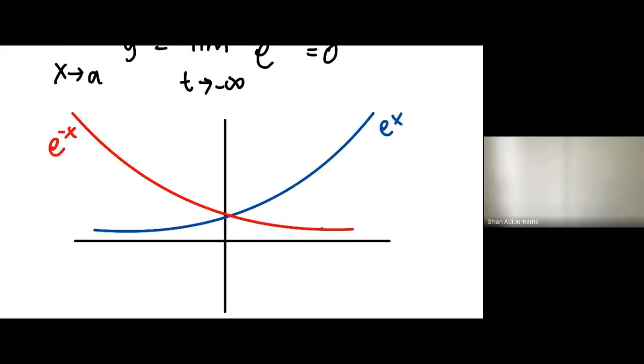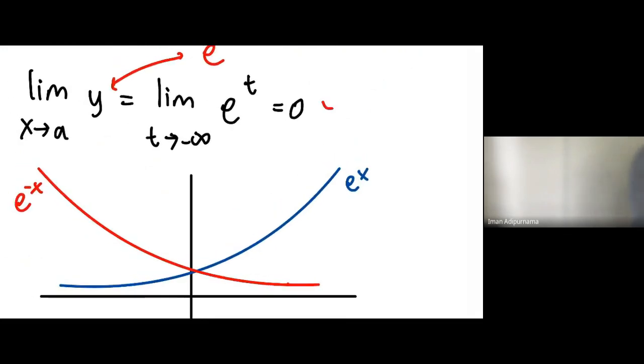And you see, as x goes to infinity, it's going to go to 0. It's going to almost touch the x-axis, 0. So this is actually what is happening with 0 here.